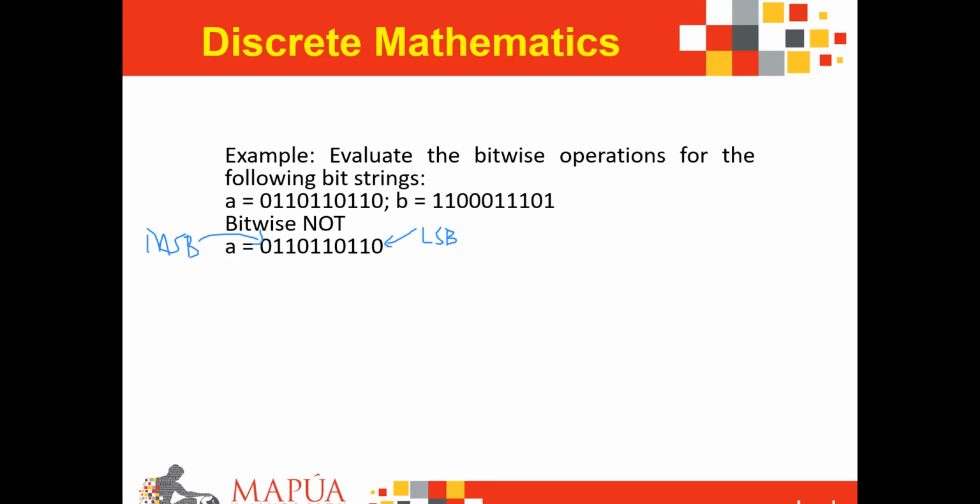Hence, you'd end up with a corresponding complement value for your bit string A equivalent to this respective bit string. Likewise, you could perform that on your bit string B, and the complement of your bit string B would end up with this respective bit string.